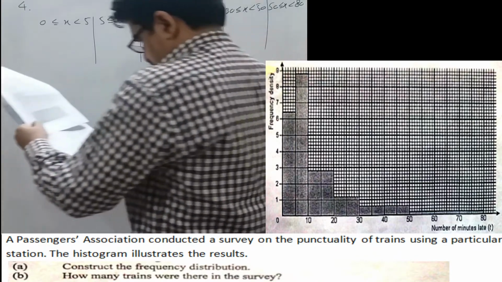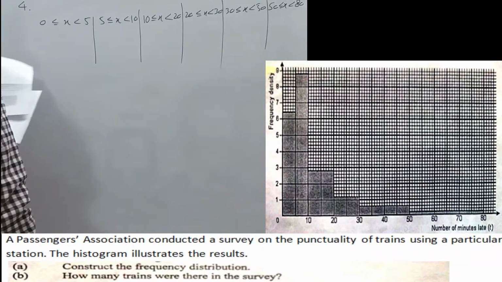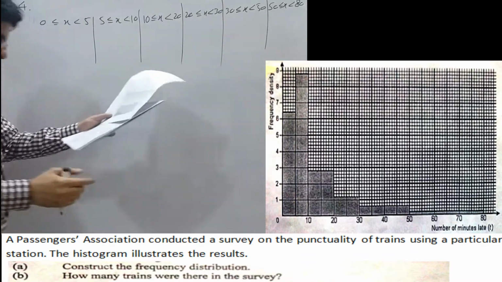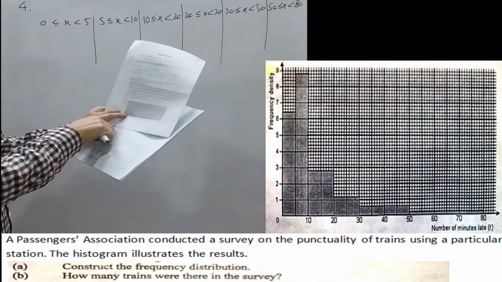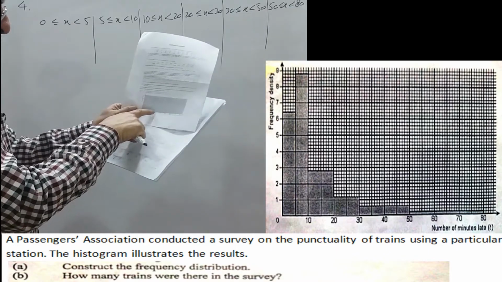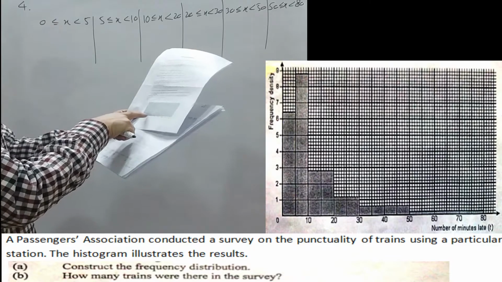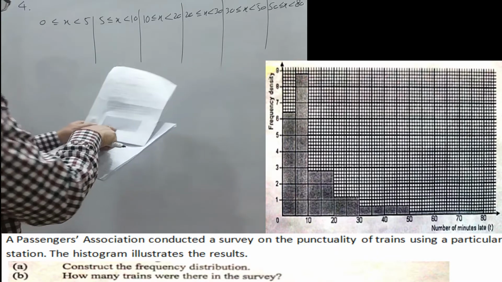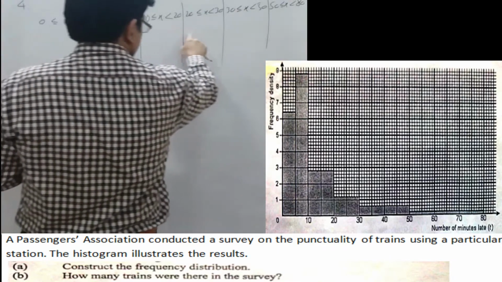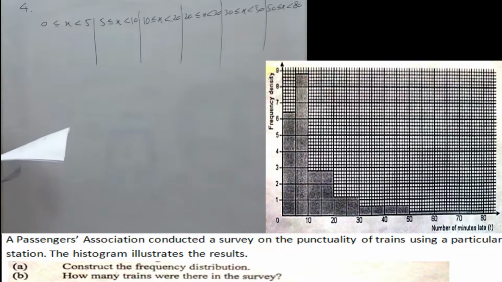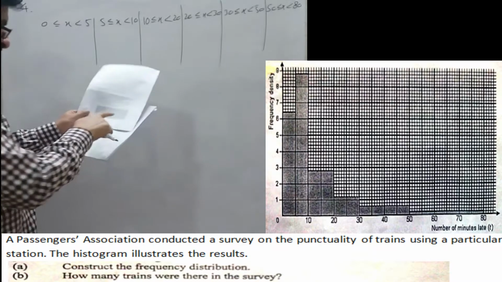Up to 80. So we count the rectangles: 1, 2, 3, 4, 5, 6. Sorry, we have 6 rectangles.